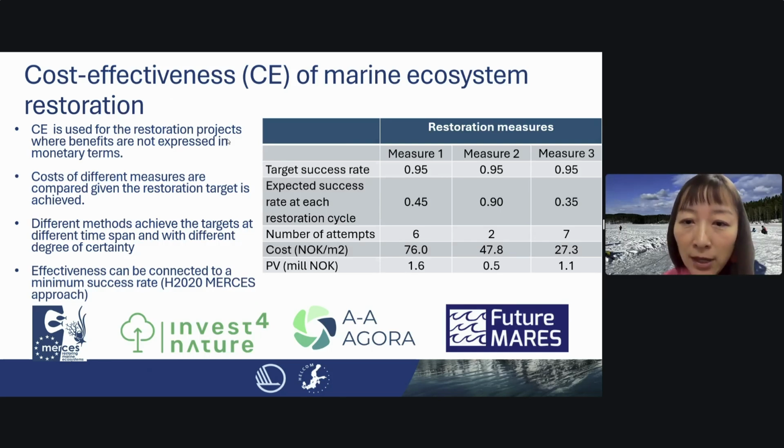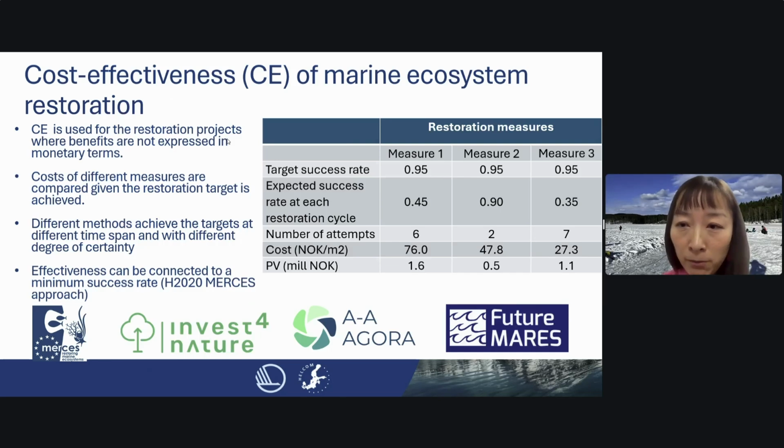So for measure 1, if we do just one restoration attempt, the expected success rate with this attempt is 45%. Measure 2 has a much higher success rate at one restoration attempt, 90%. And measure 3 is also low, about a 35% success rate at each restoration attempt.